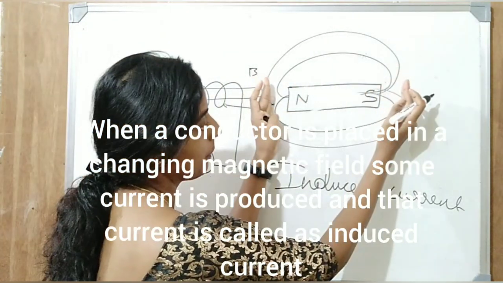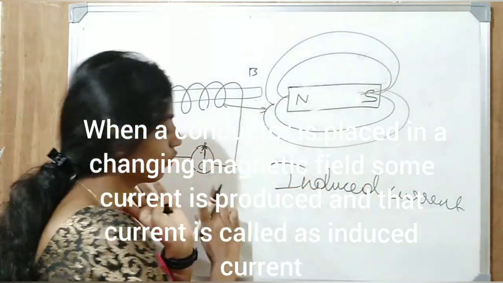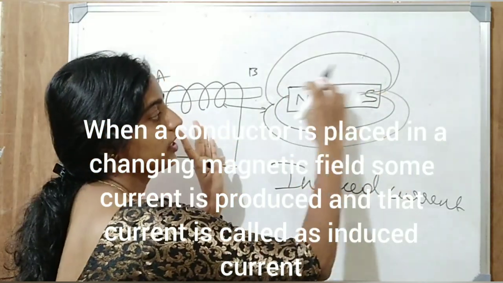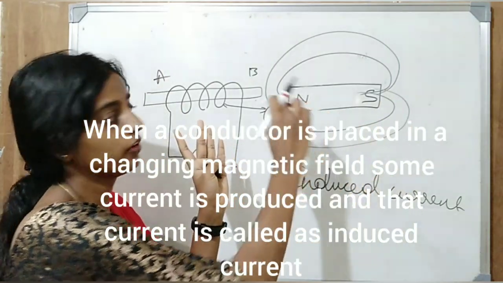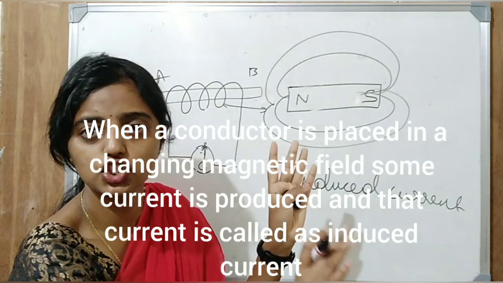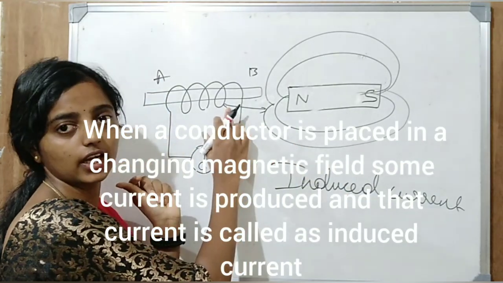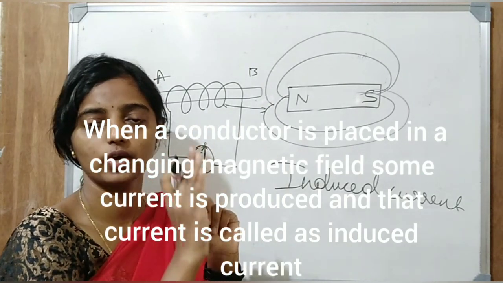When we kept a magnet here, we got the same magnetic field lines, but the galvanometer doesn't show any deflection. Only when we started to move the magnet do we get a change in magnetic field lines, and only when the change in magnetic field lines takes place will the induced current be produced. Again, the change in magnetic field lines is very important.